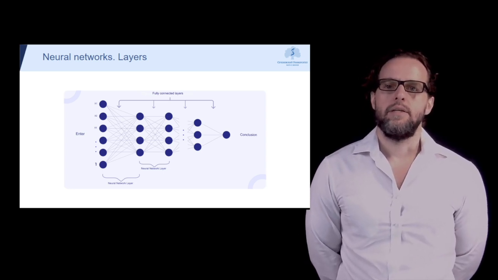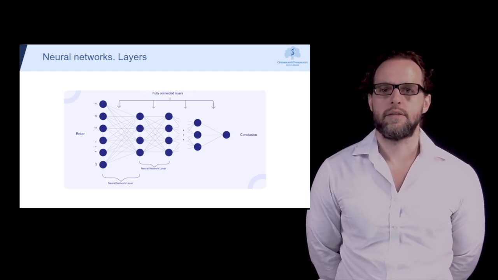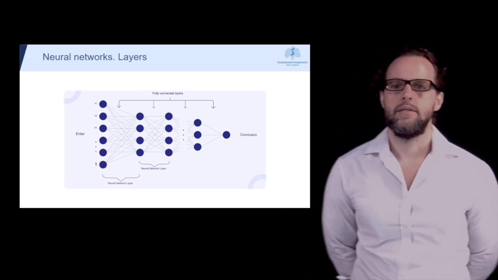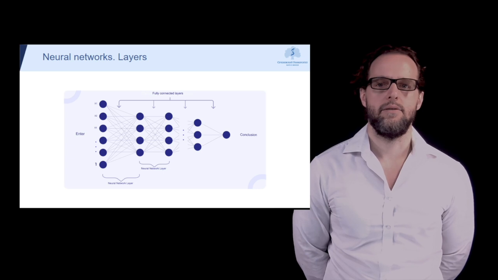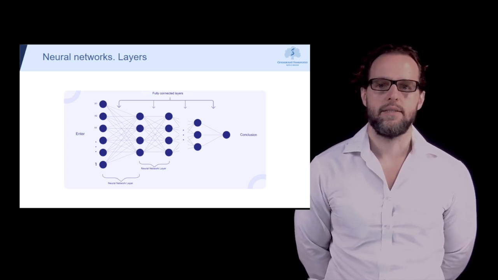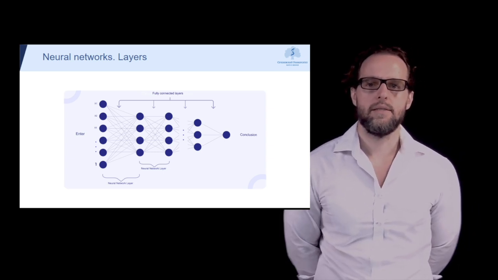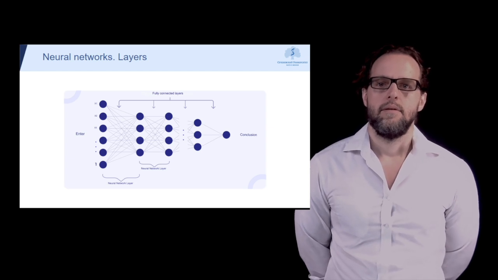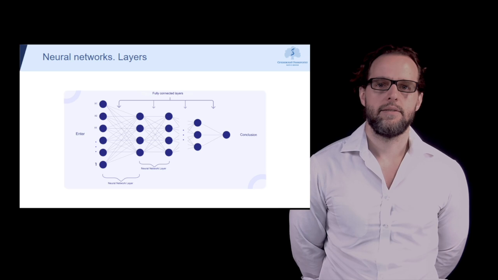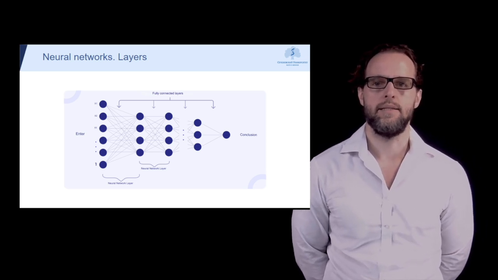Neurons in neural networks are essentially miniature logistic regression models. A neural network layer consists of a set of neurons, each receiving the same input. Fully connected layers, also called dense layers, are a set of neurons that receive the same input data.